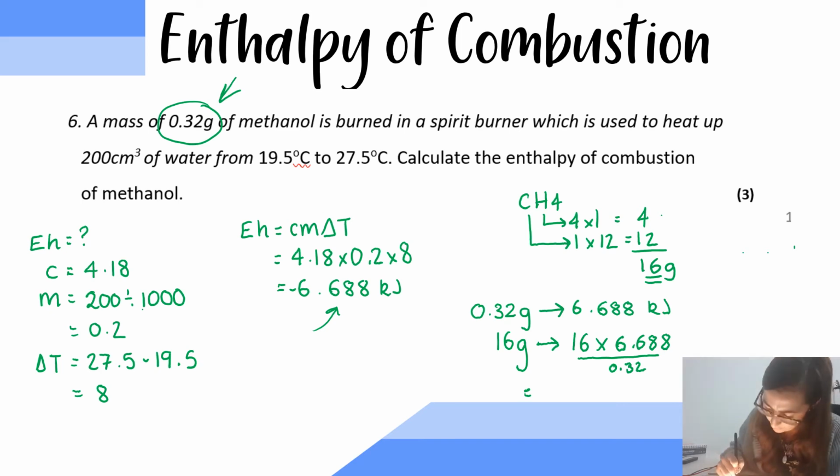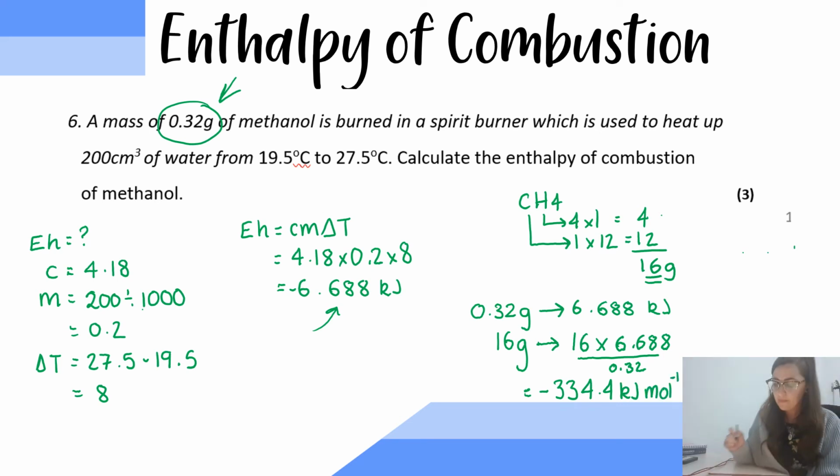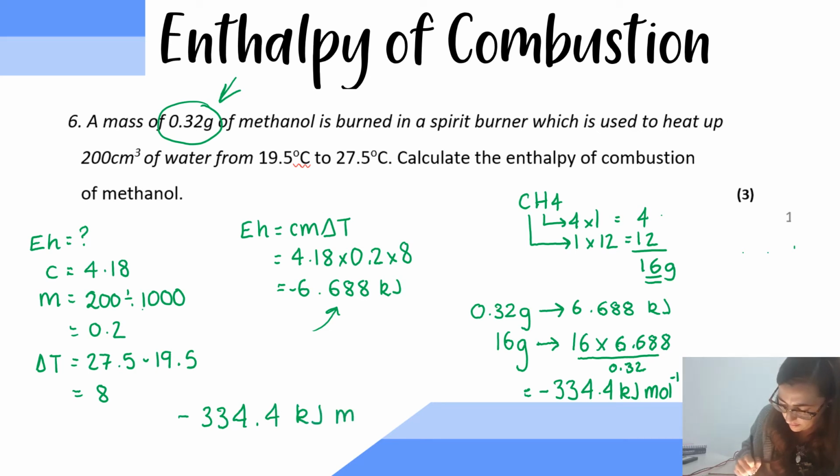So my enthalpy of combustion of methanol is negative 334.4 kilojoules per mole. So again, the answer is negative 334.4 kilojoules per mole.